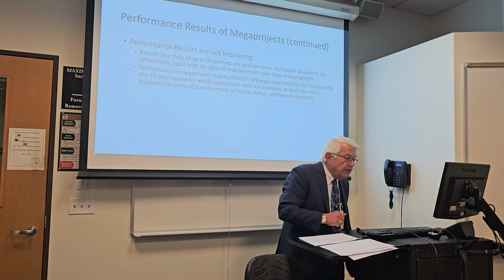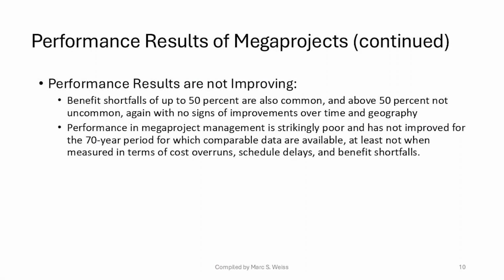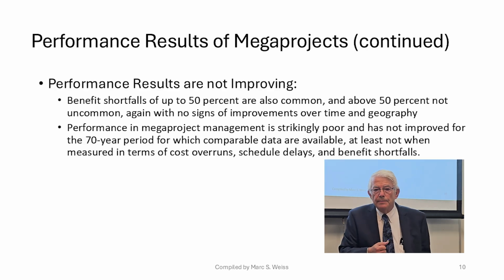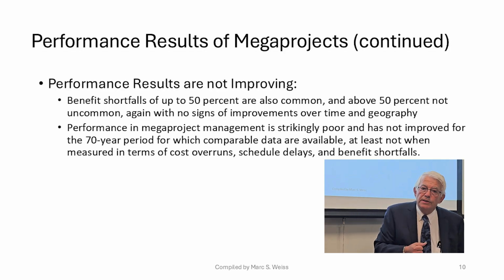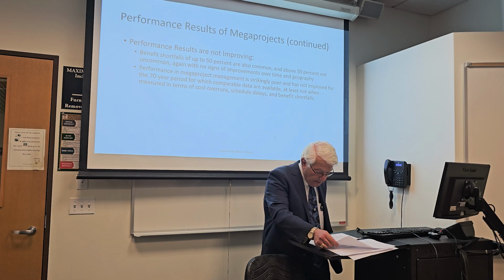And the results are not good historically. We've had shortfalls of 50% or more, and the literature suggests that in the 70 years in the past we've looked at mega projects, we've had phenomenal shortfalls, and our projects have been unsuccessful with very large overruns.